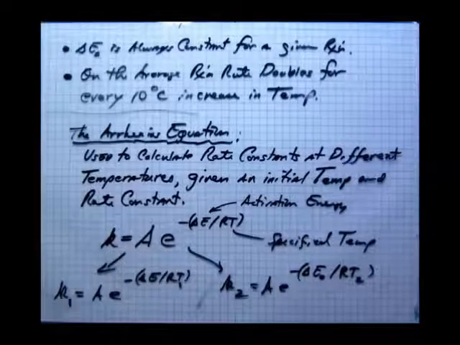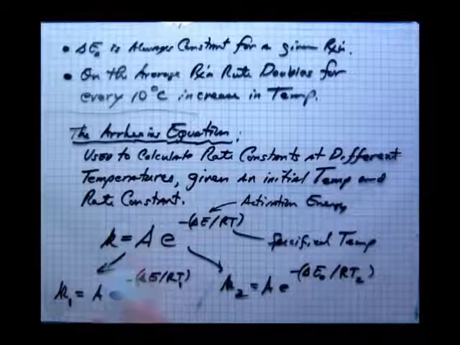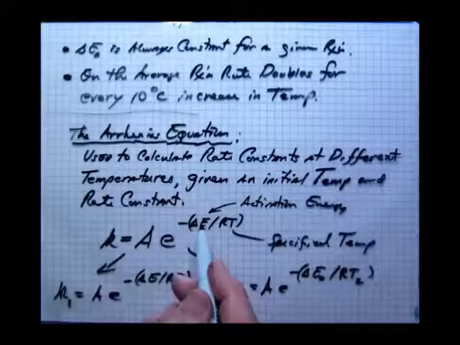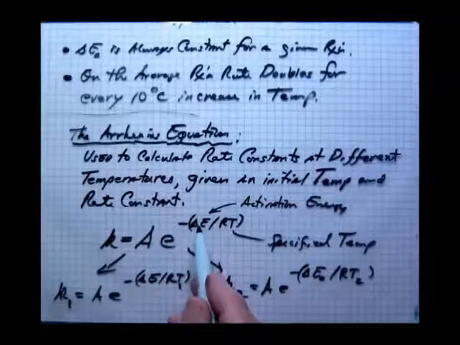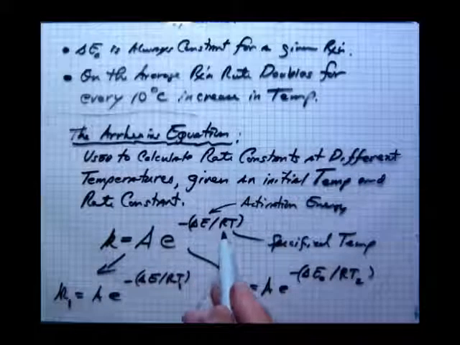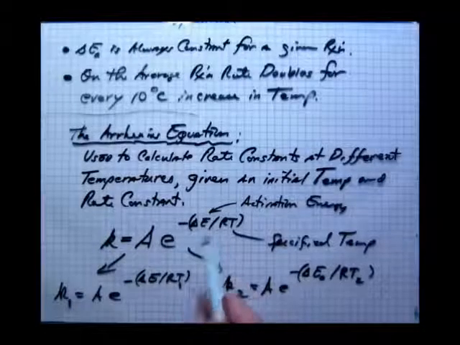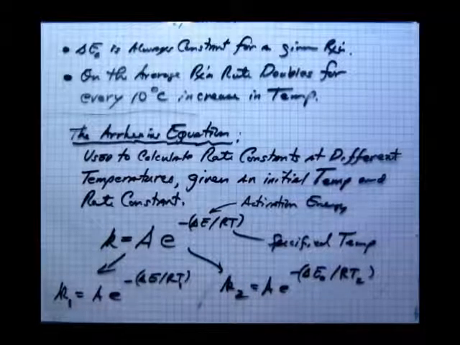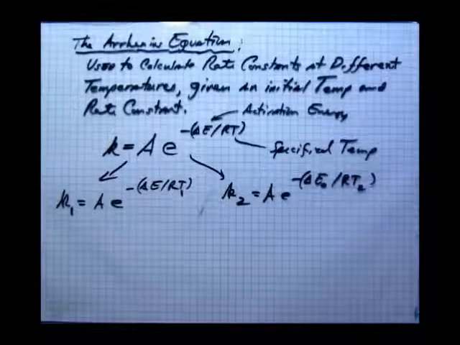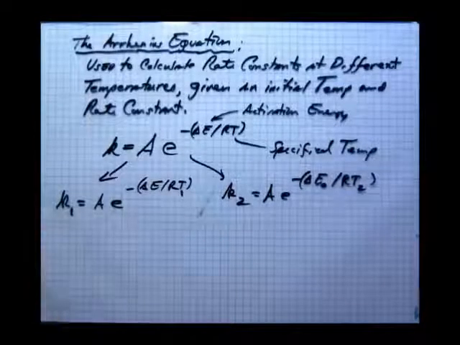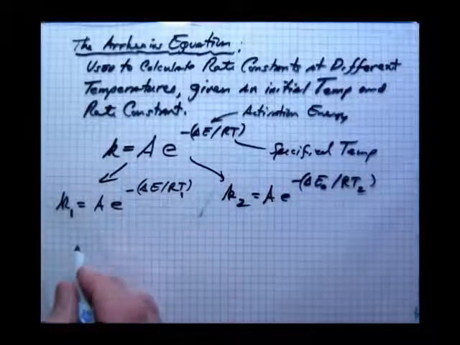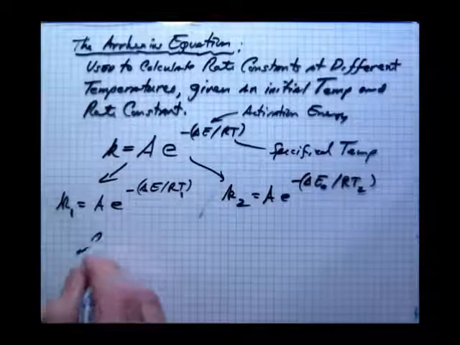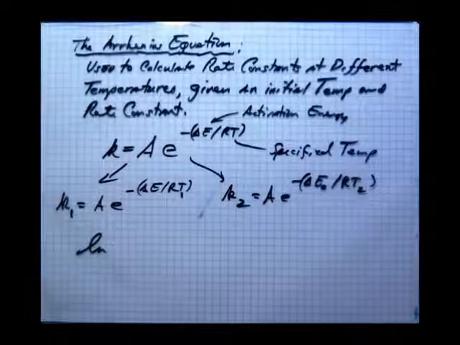I'm just showing you that what the equation defines is the rate of any reaction based on its activation energy and its temperature. If you equate these two equations through these proportionality constants right here, you'll wind up with the Arrhenius equation.